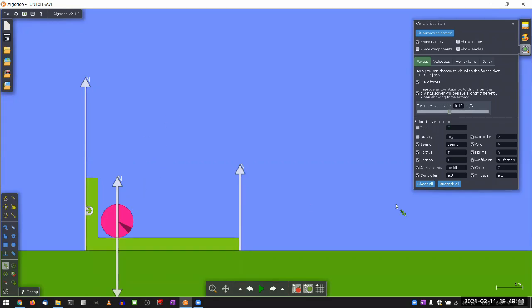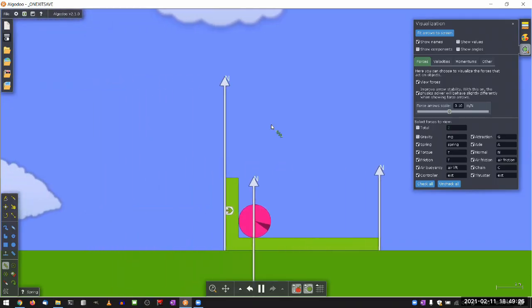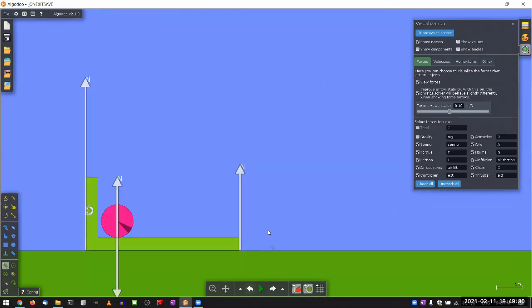As the car accelerates forward, there should be some force from the thruster, and let's see what other forces appear. I don't actually know if it'll show the thruster force. Let's see. Oh yeah, it does. That's the external force there. Oops, sorry, I did something wrong.